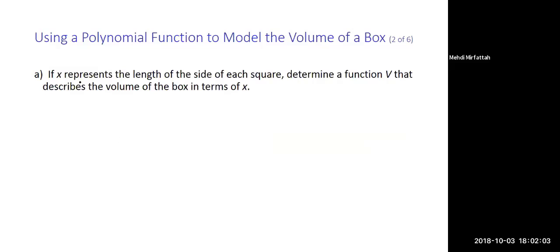If x represents the length of the side of each square, it says determine a function V, that's a volume, that describes the volume of the box in terms of x. We know the formula for volume is length times width times height.